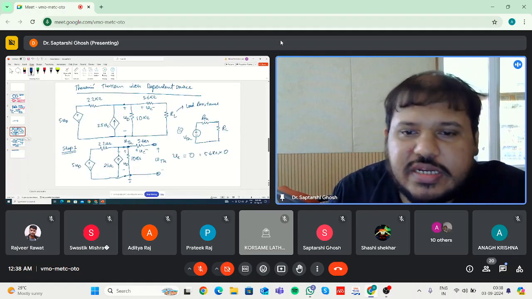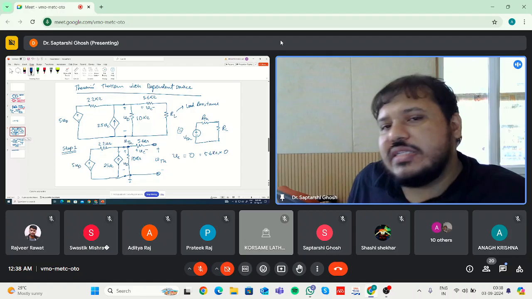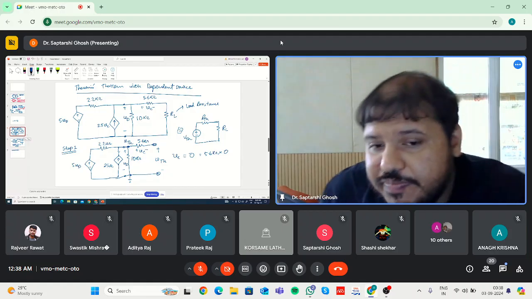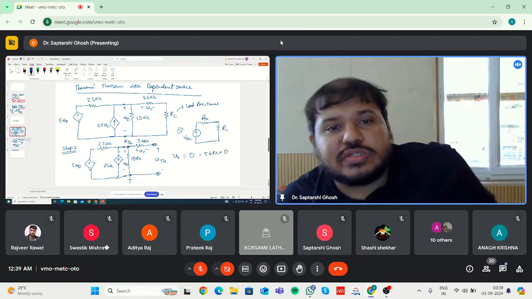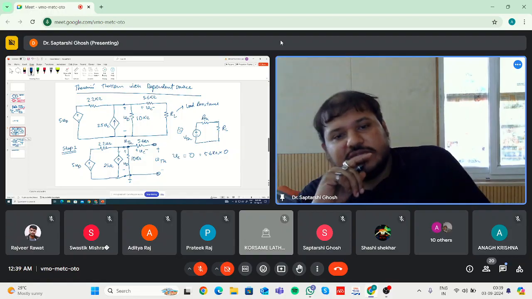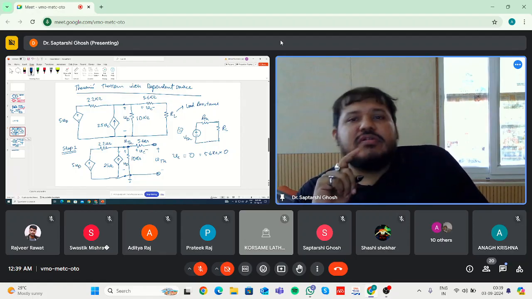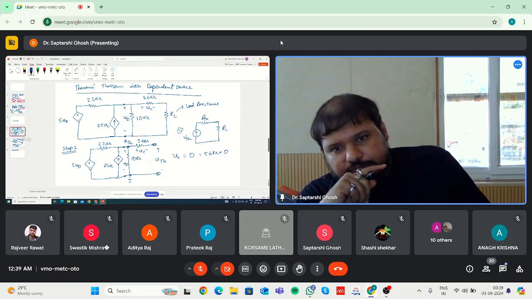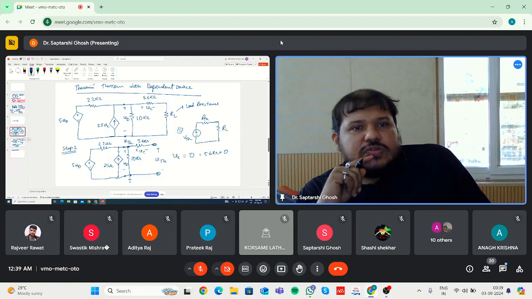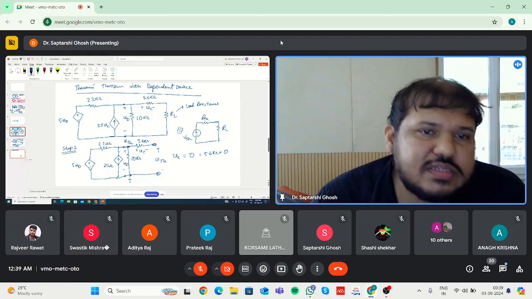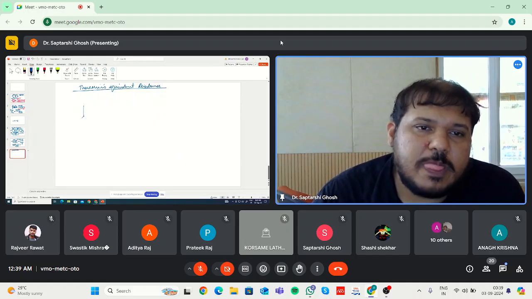Again, using this circuit, you have to deactivate the load resistance, then you have to deactivate the sources. But those were independent sources. You have to deactivate the independent sources, but these sources are dependent. So how will you deactivate them? Here the problem lies. That means your circuit will look like this.